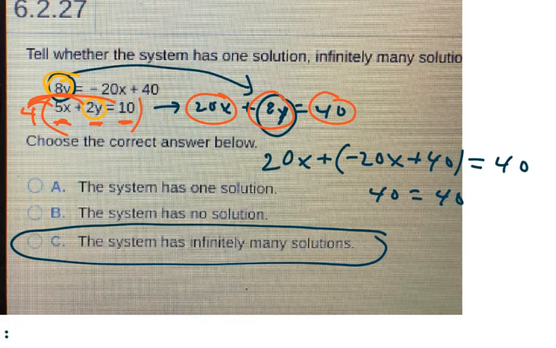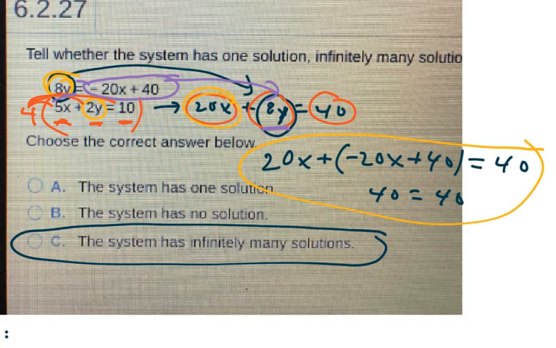Now that I have them both 8y, couldn't I take this, because that equals 8y, and plug it in for this 8y? So if you look down here, that's what I did. So I had 20x, see that? 8y is now negative 20x plus 40, and it's supposed to equal 40.